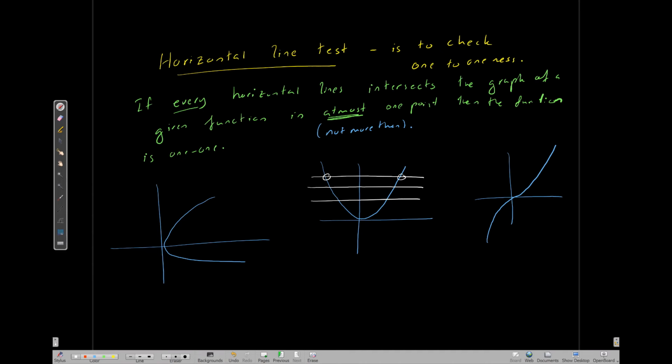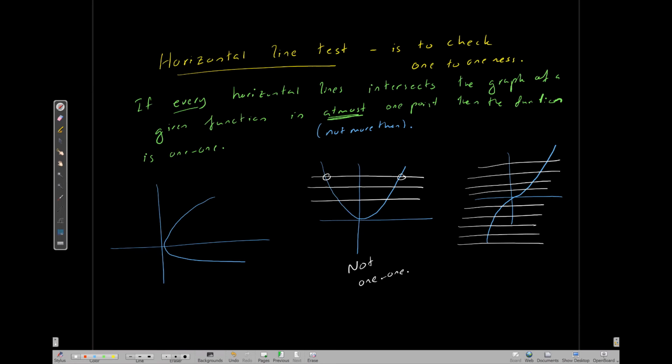There are lines that intersect the graph at more than one point. So this is not one-to-one. And for this one, it looks like the x cubed graph. It's one-to-one, right? No matter how many lines you draw, it's only crossing one. So this is one-to-one.